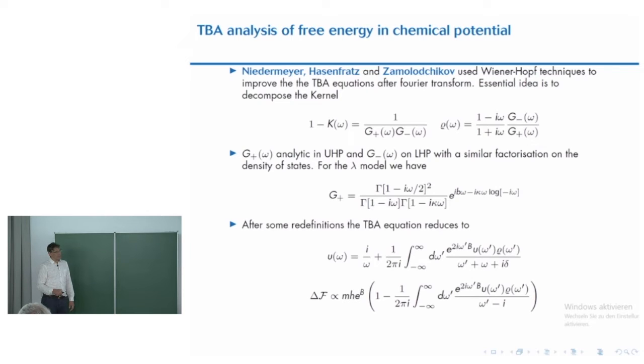But the main difference is that now I'm integrating between minus infinity and infinity, and that makes life much better. It's for some auxiliary function u, which is determined from this equation. If I know u, I can determine the free energy, because the free energy just depends on u. So you just have to solve this equation.